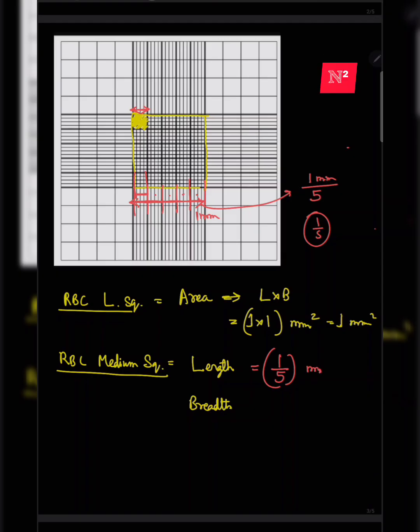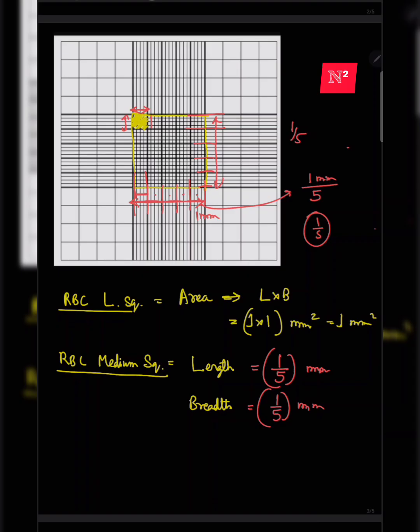So that will be the length. Similarly, here also you can see this is 1 millimeter, which is divided by the triple lines into 5 equal parts. So here also the breadth will be the same, that is 1 by 5 millimeter.